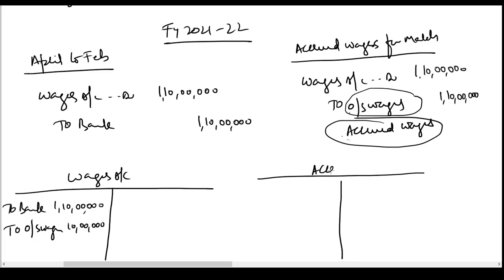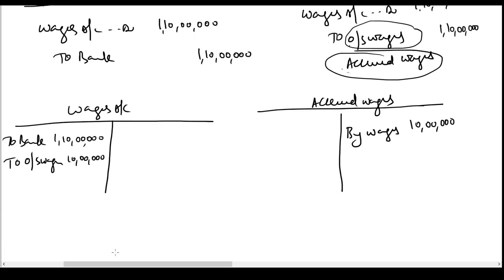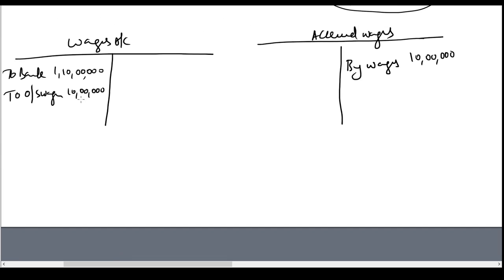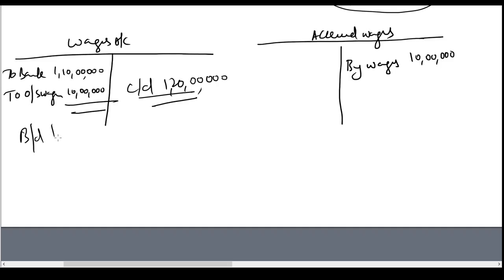If I open the accrued wages account, I'll write by wages 10 lakh rupees. Now, how will these two items appear in the trial balance? There is a balance of 1 crore 20 lakh, carried down, brought down 1 crore 20 lakh. There is a balance of 10 lakhs on the credit side, higher side.